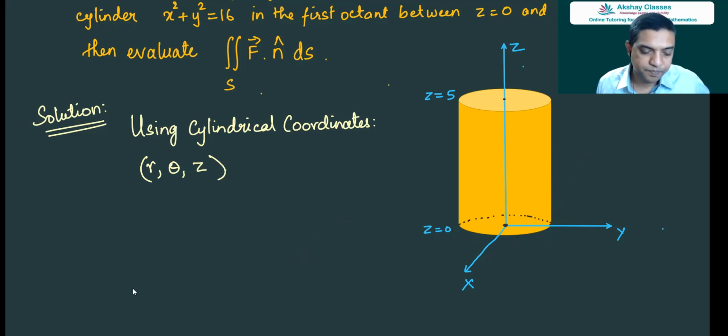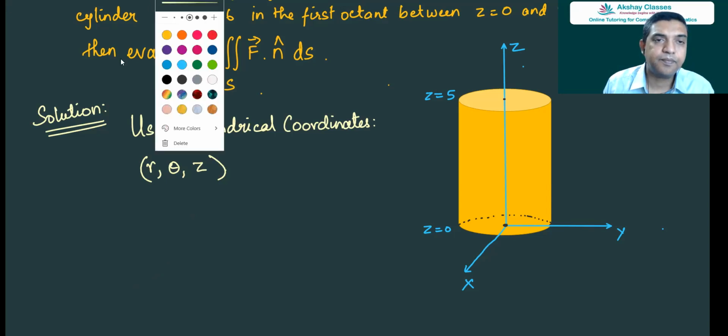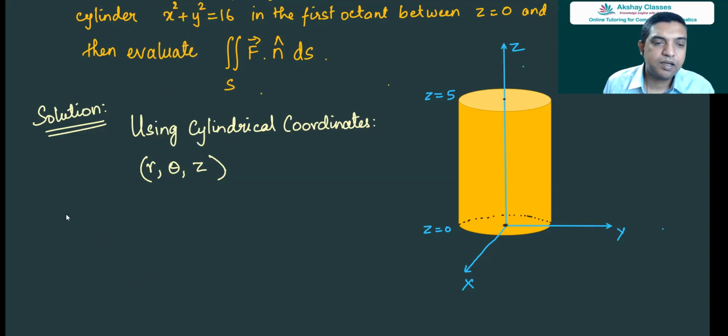So now let us find the equation of the normal to the surface.